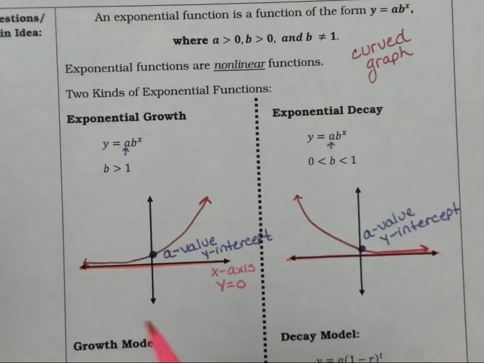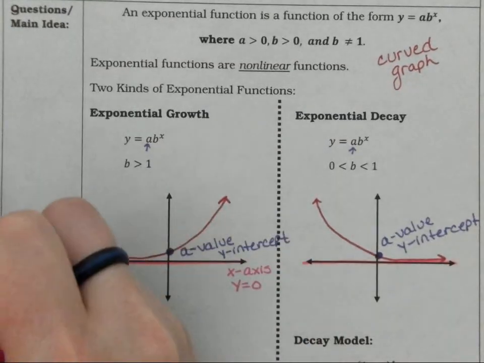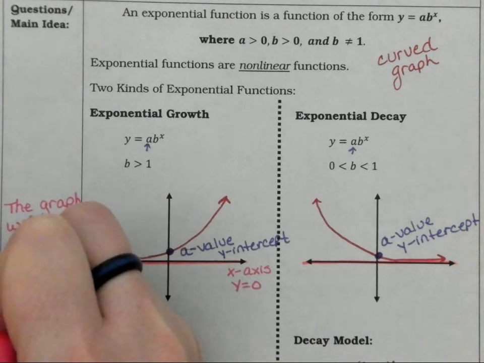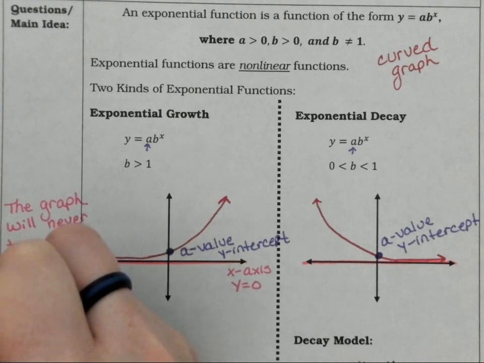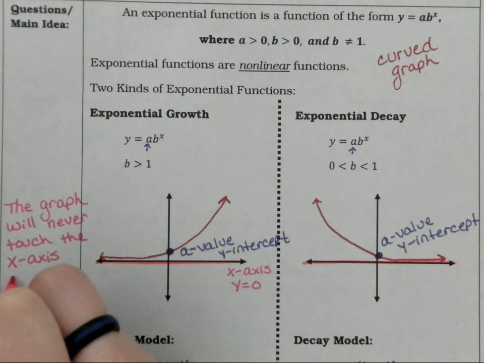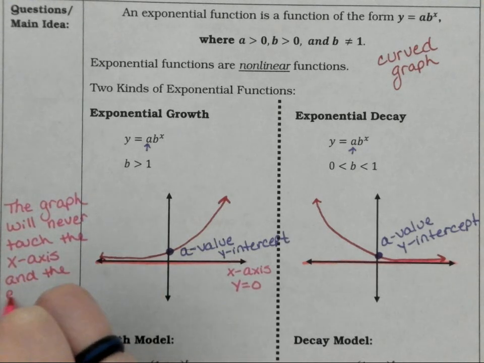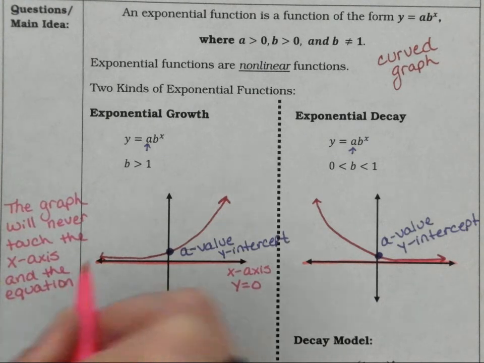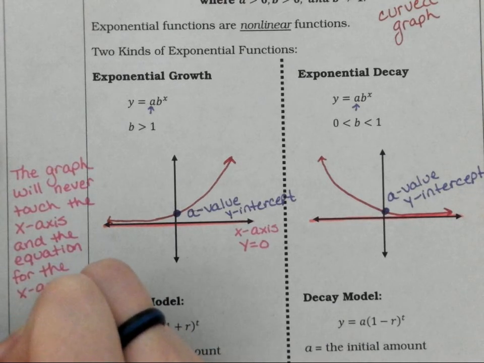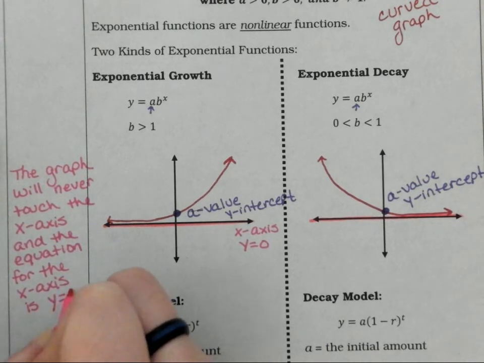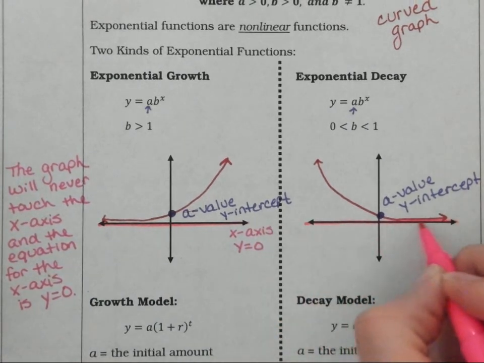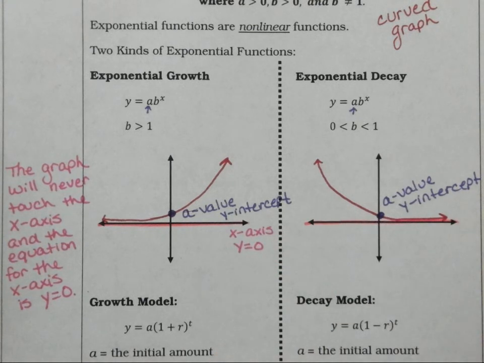What we should write over here on the side of your paper is that the graph will never touch the x-axis, and the equation for the x-axis is y equals 0. Okay, same thing here, it's never going to touch the x-axis, which we know is y equals 0.